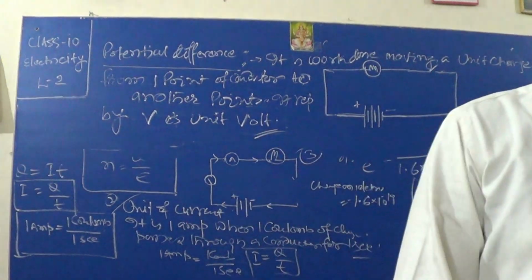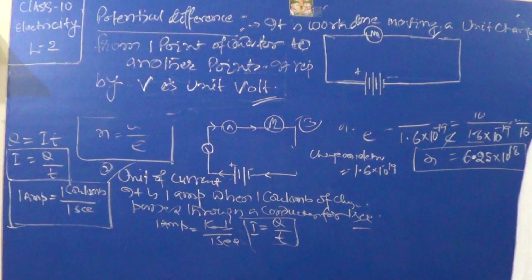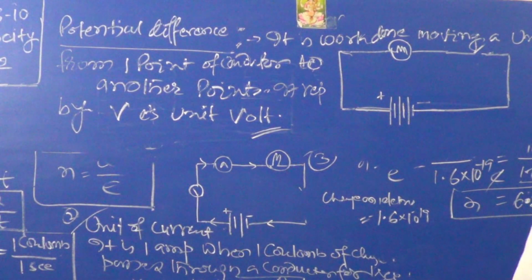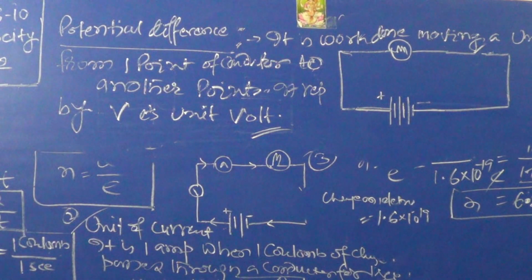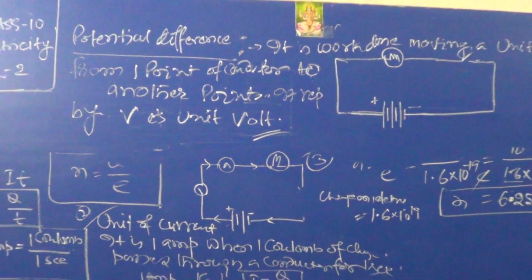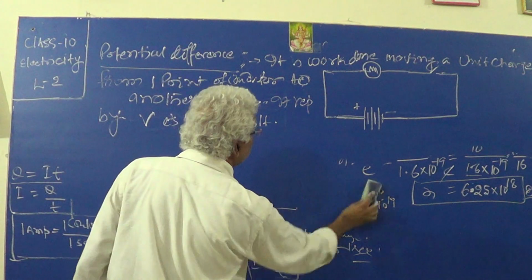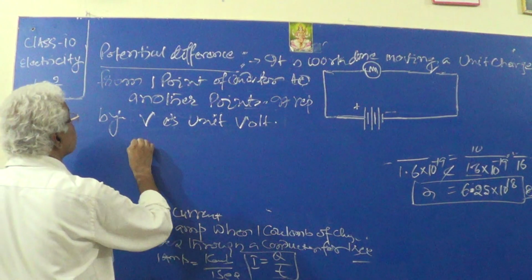It is the work done by moving a unit charge from one point to another point. The potential difference V is equal to work done, V equal to W by Q. Right, girls? V equal to W by Q. Children, now let me do some questions on this also. V equal to W by Q.